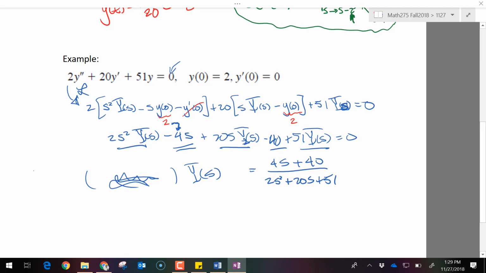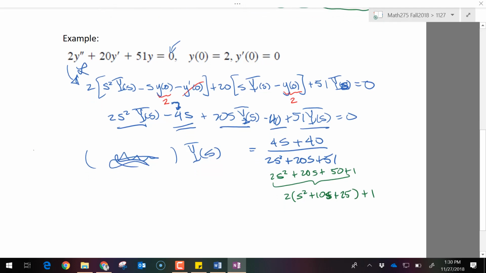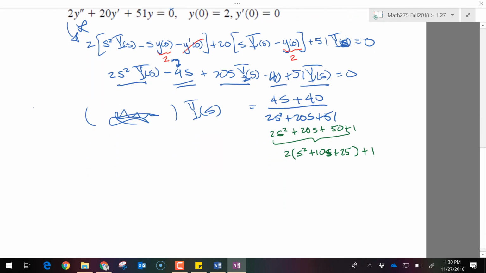So make this 50 plus 1, and then factor out a 2 from here. And then, is this a perfect square?